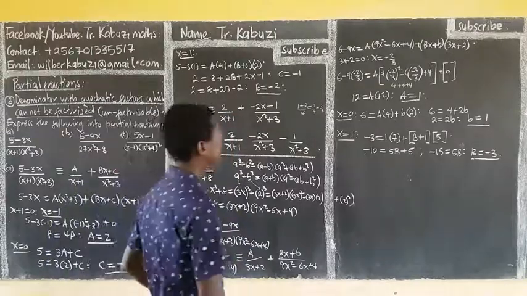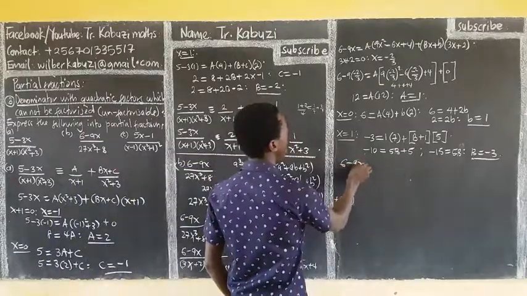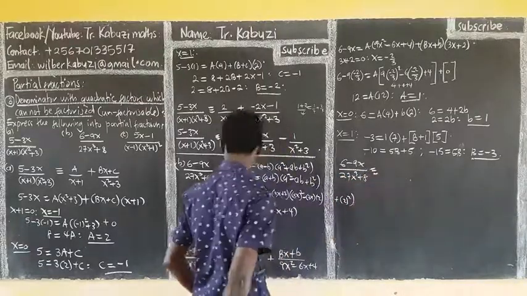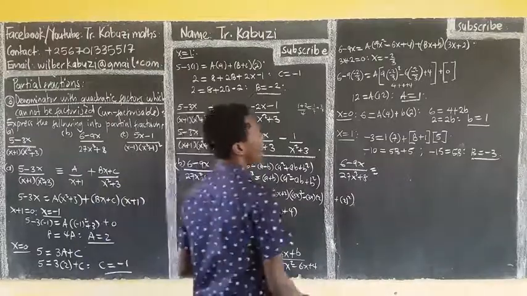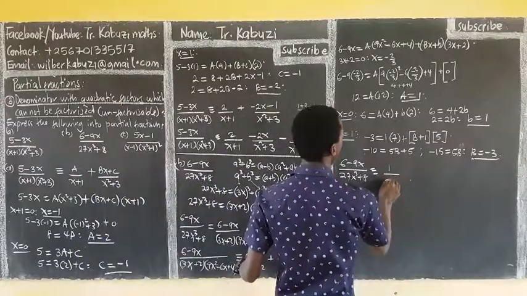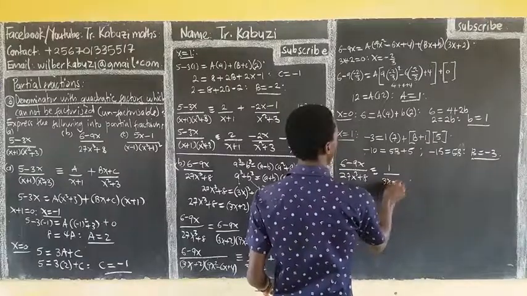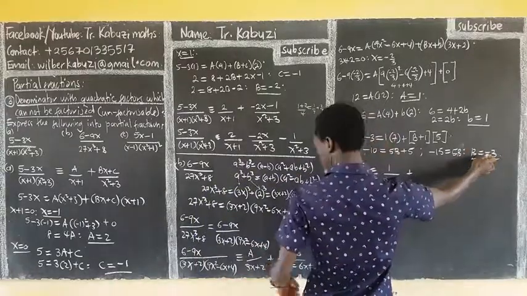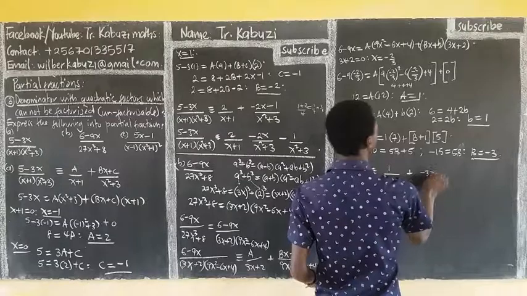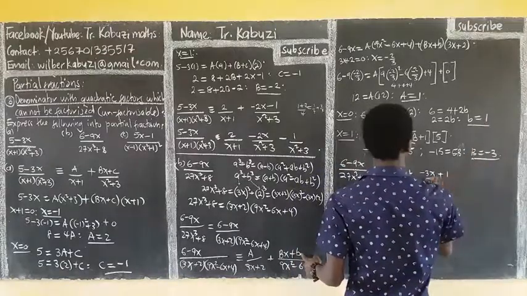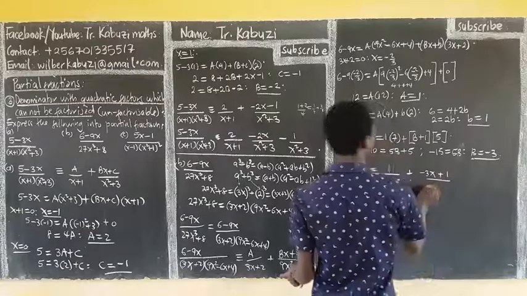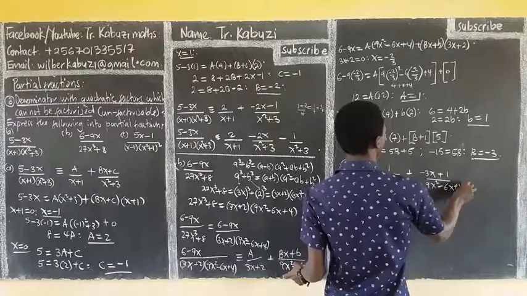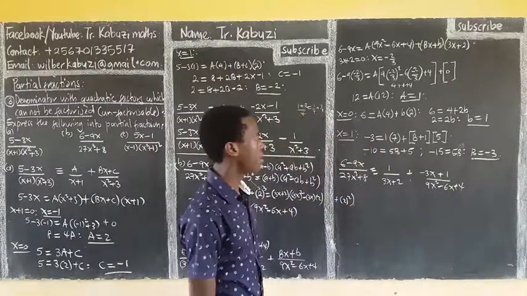So now you come and write this. Now my 6 minus 9x over 27x cubed plus 8 is equivalent to our a. Our a is 1 over 3x plus 2. Then plus our capital B, negative 3x plus small b, which is 1, the whole over 9x squared minus 6x plus 4. And you can go on to separate it.